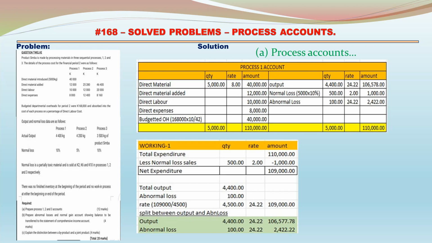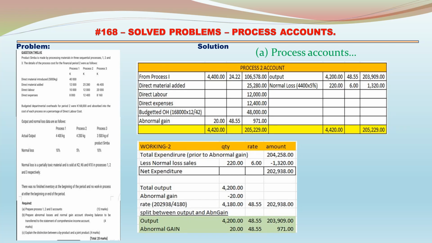Rate for 4,500 units: 109,000 by 4,500 is equal to 24.22 per kg, and it is split into output 4,400 into 24.22, 106,578 is the output amount. Abnormal loss amount is 100 into 24.22 is equal to 2,422. Total expenses 110,000 and the total output cost plus normal loss plus abnormal loss is 110,000.